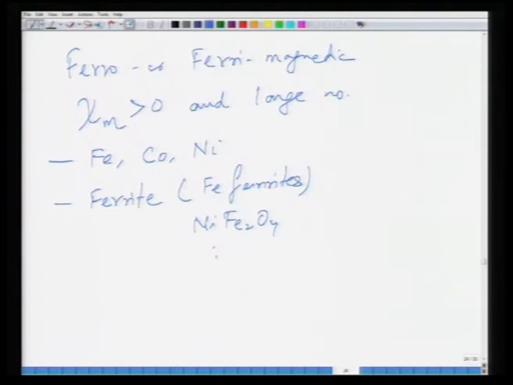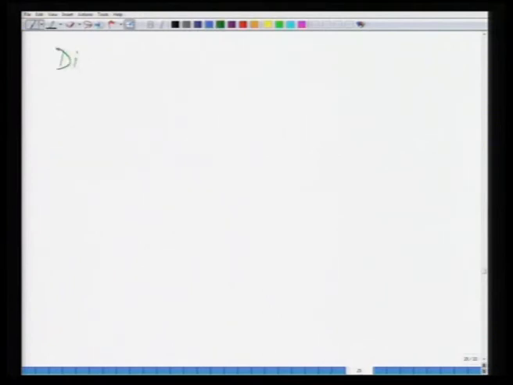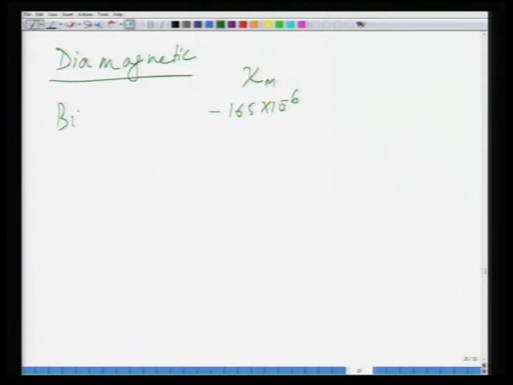I will give you certain values for this. For instance, if you look at diamagnetic material, bismuth has chi m of the order of minus 165 into 10 to the minus 6, and this is in SI units.